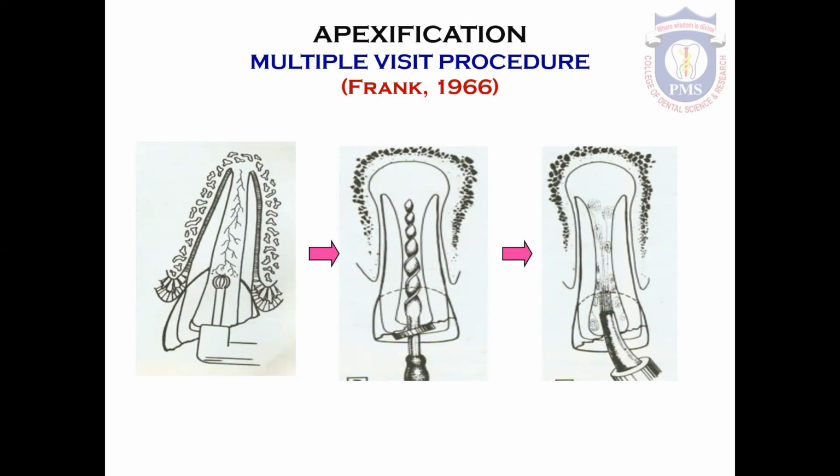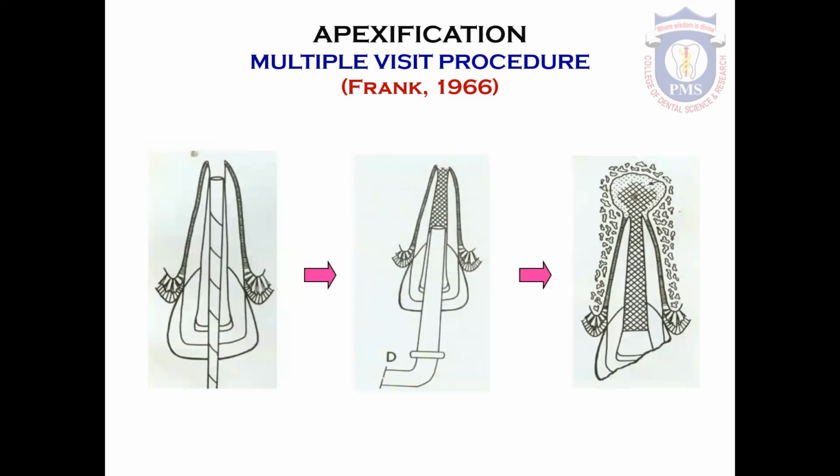If there is swelling or abscess, drainage can be established for 24 hours and antibiotics can be prescribed. Otherwise, following the routine irrigation protocol, an intracanal medicament is sealed and the patient is recalled after 7 to 10 days.